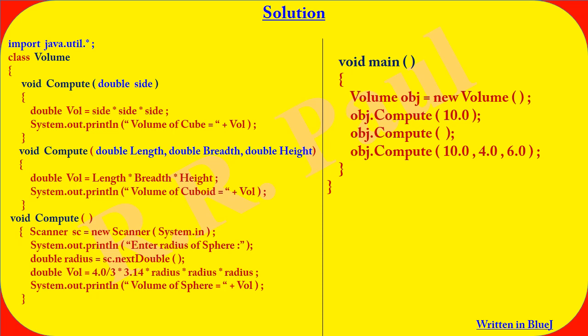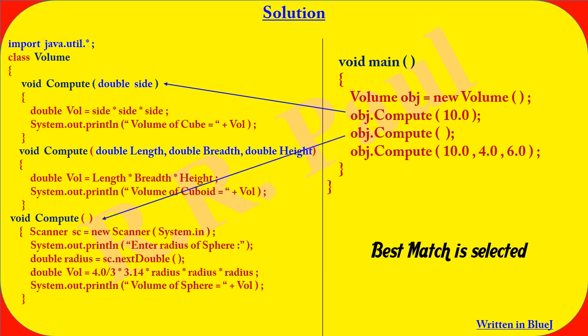When we pass 10.0, then the first function gets activated, compute having double side as a parameter, and when we pass no parameters, then obviously the third function that is defined here gets activated, and when we pass 10, 4, 6 as 3 parameters, then obviously the function defined with double length, double breadth and double height as the 3 parameters gets activated. As per the best match, these functions are selected by Java and activated.